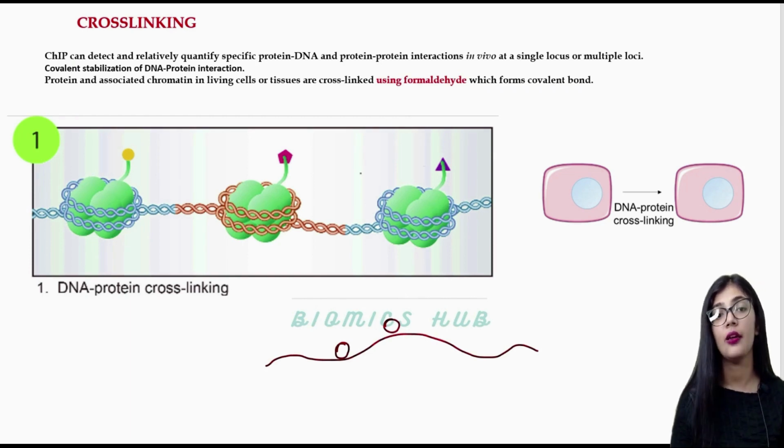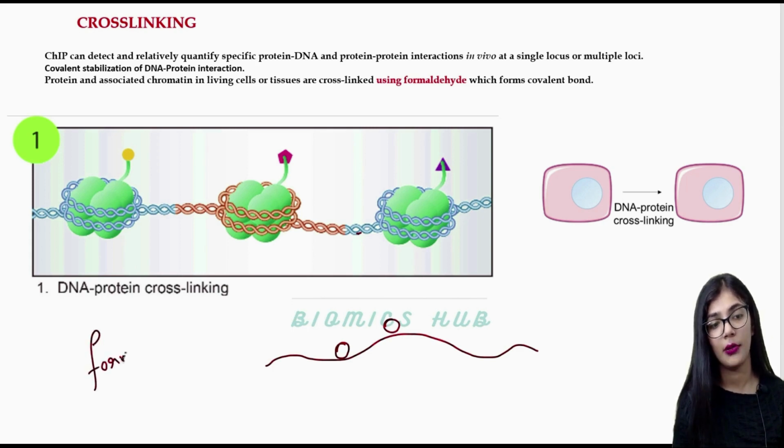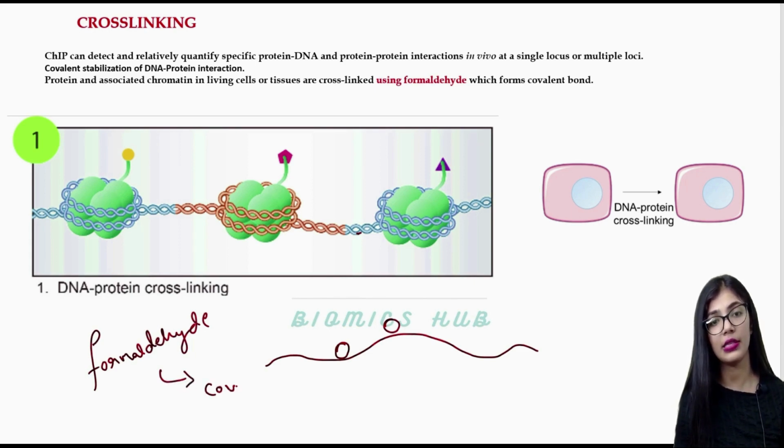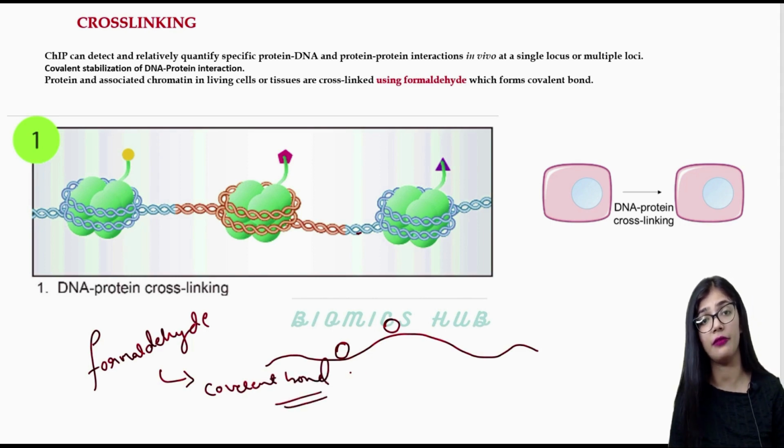How do we do it? We do it by using formaldehyde. What this formaldehyde does is it helps in the strong binding of the DNA as well as the protein by increasing the covalent bond. So by the use of formaldehyde, we can create a strong covalent bond between the DNA as well as the protein.